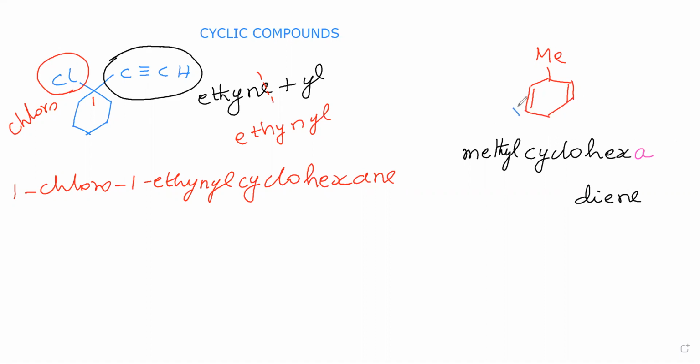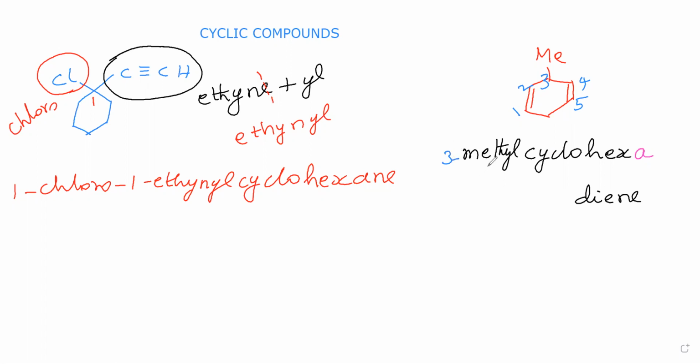Number 1, suppose we are giving here. Then number 2 we proceed this side. Number 3, number 4, number 5. That means the double bond should get the least position and the sum of the locants should be least. So this methyl position is 3.